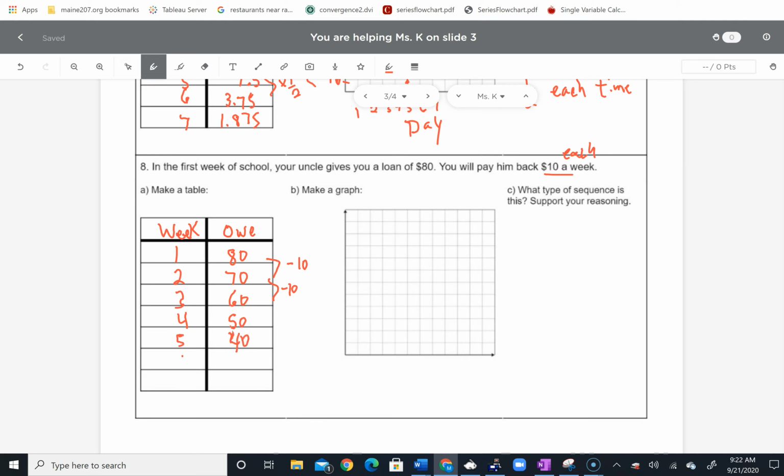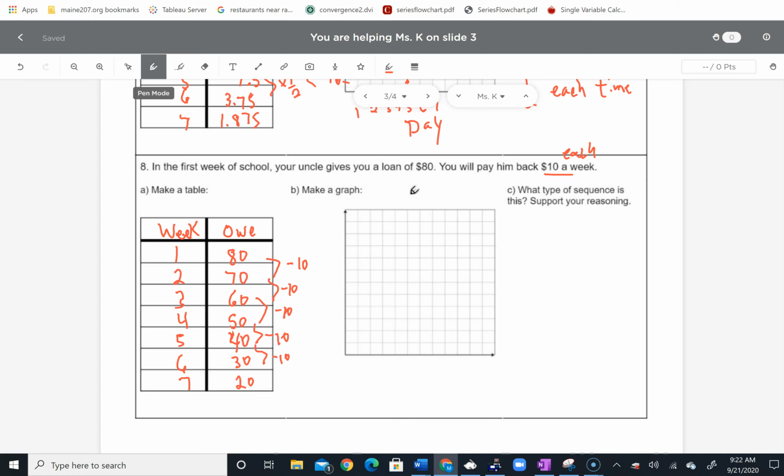You get the idea. Each week, what you're seeing here, and pardon me, I actually need to erase this. That's week 6 and week 7. This is going to be down to 20, because each time you're going to subtract a 10.